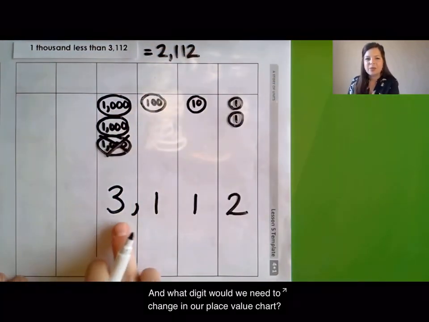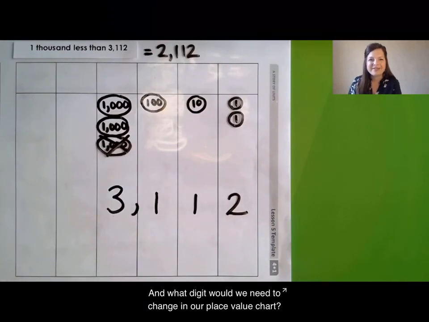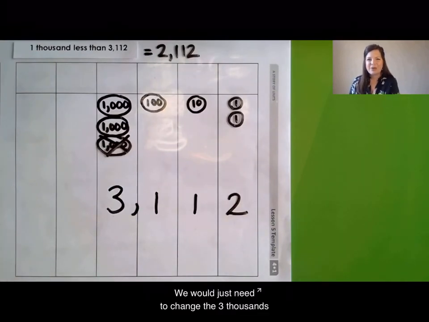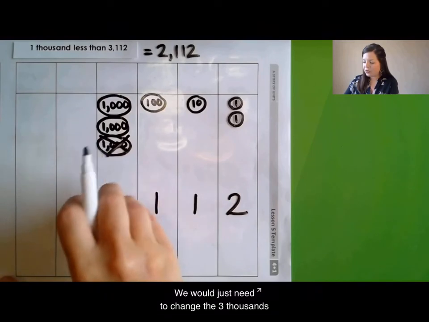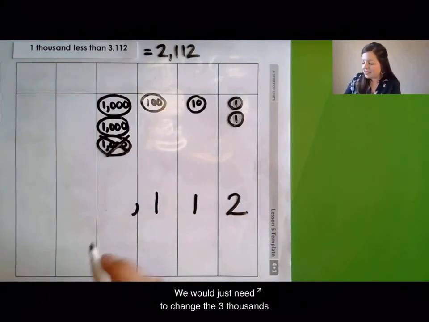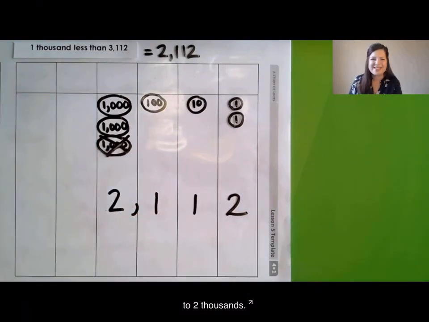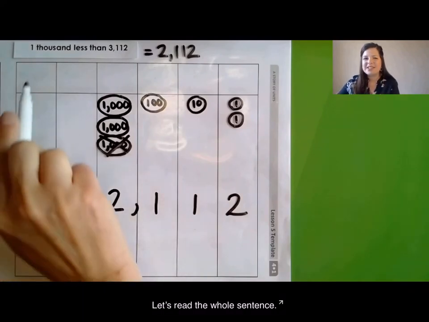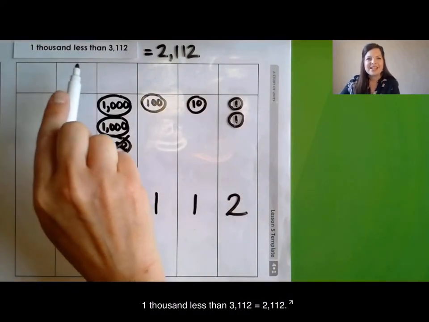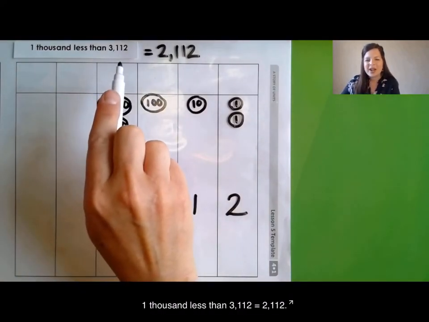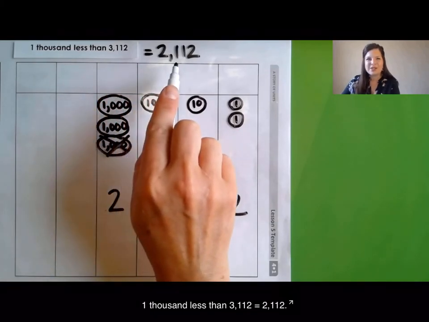And what digit would we need to change in our place value chart? We would just need to change the 3 thousands to 2 thousands. Let's read the whole sentence. 1,000 less than 3,112 equals 2,112.